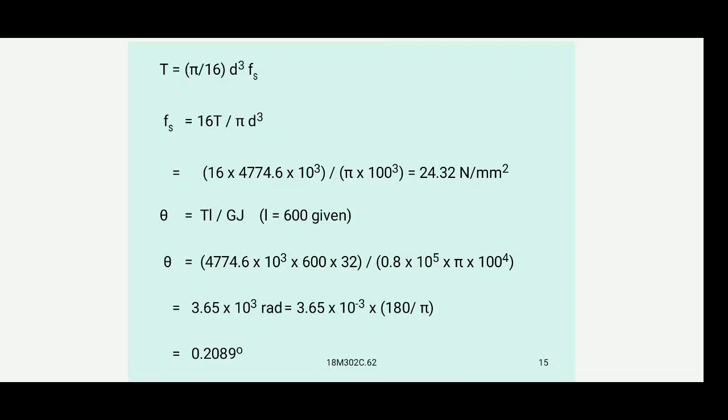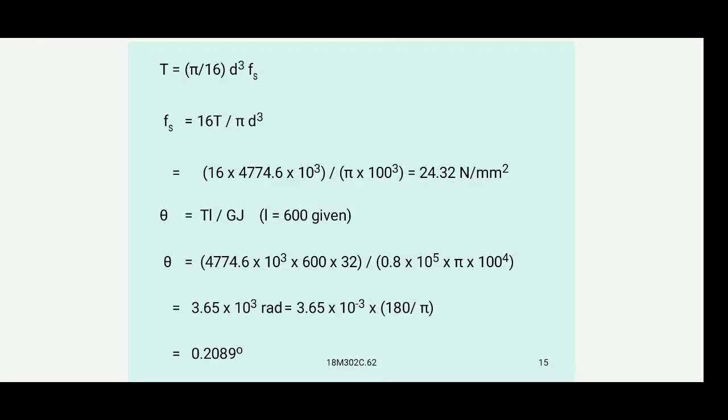And theta is equal to TL by GJ, where L is equal to 600 given. So theta, that is the angle of twist, is equal to 4774.6 into 10 cube into 600 into 32 by 0.8 into 10 to the power of 5 into pi into 100 to the power of 4.